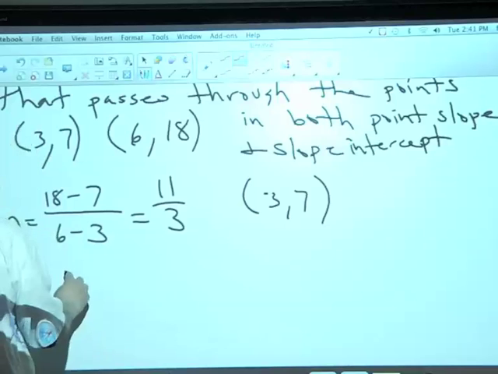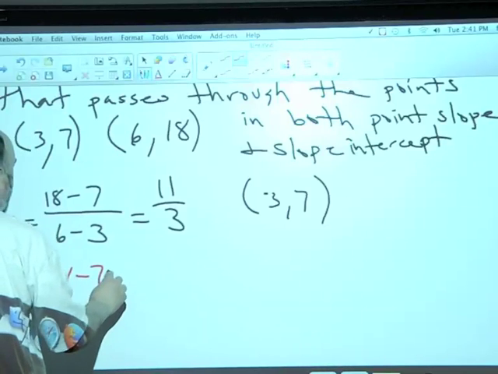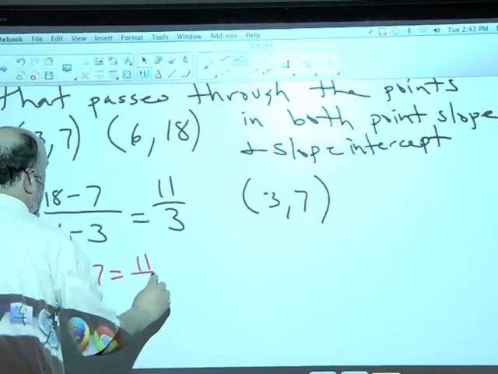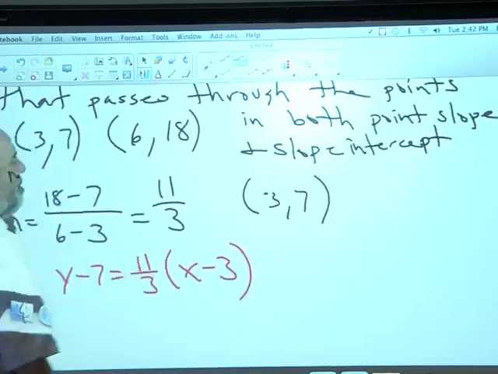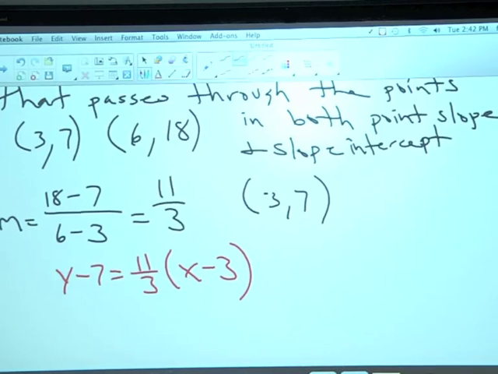Plug them in. y minus 7 equals 11/3 times x minus 3. You could have taken the other point, but we should do the same thing in the end, right? When you get to the slope intercept form, they will give you exactly the same equation.